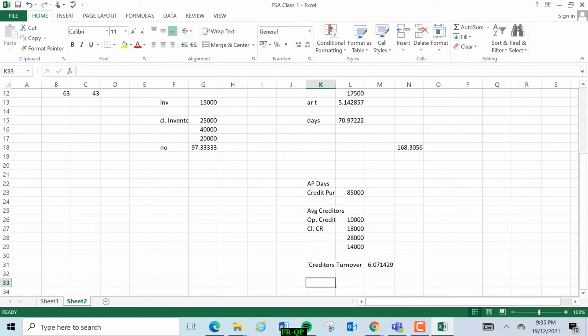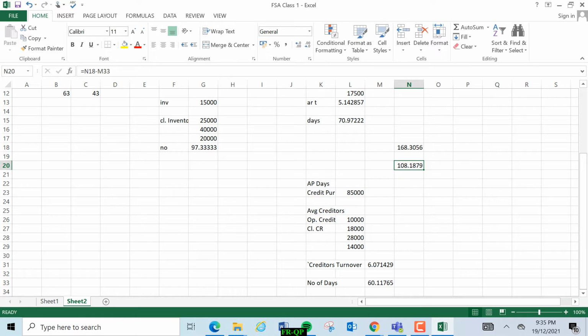So what is the number of days? How many days you keep your creditors' money? It will show you keep the money for 60 days. So if you want to know in net how many days the operating cycle is for you, minus this 60 days.